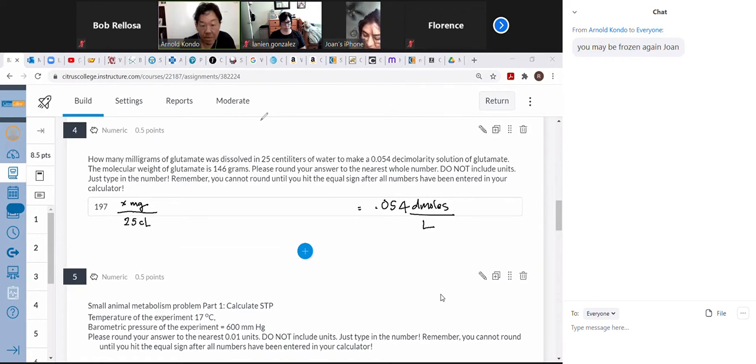And then it'll be times 1 mole over, you could do 146 grams. Okay, you can do that.